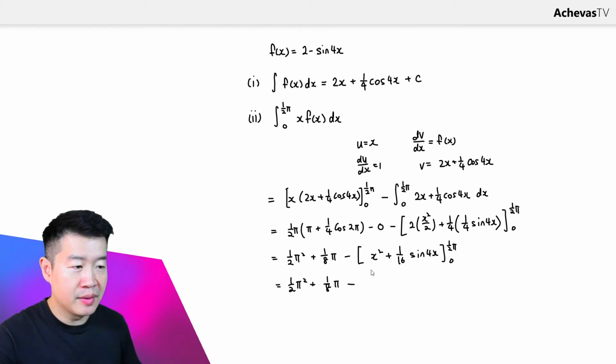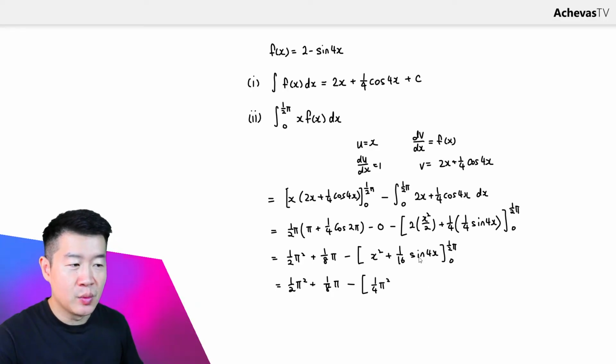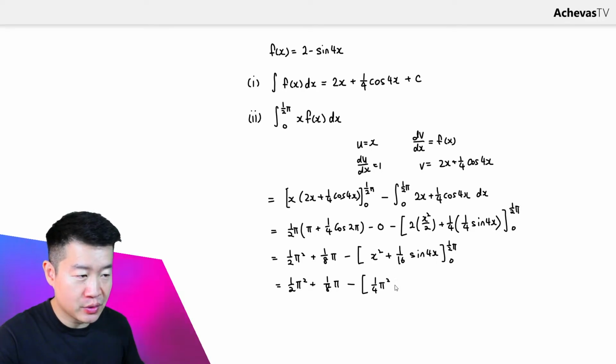Then minus away, substituting this in. So half pi squared will be 1/4 pi squared. And half pi, when I substitute it into here, we will get a 2 pi. Sine 2 pi is 0, so plus 0. This is going to be the first term. Then minus away, substituting 0 in here, it is going to be 0, and sine 0 is still going to be 0.